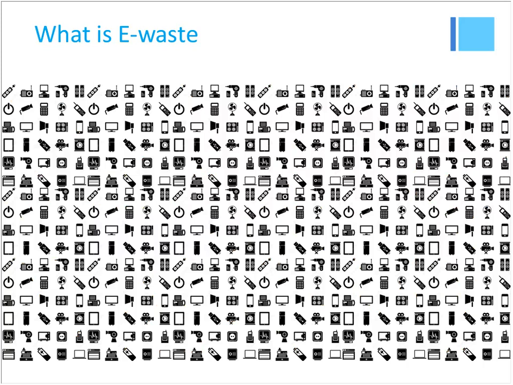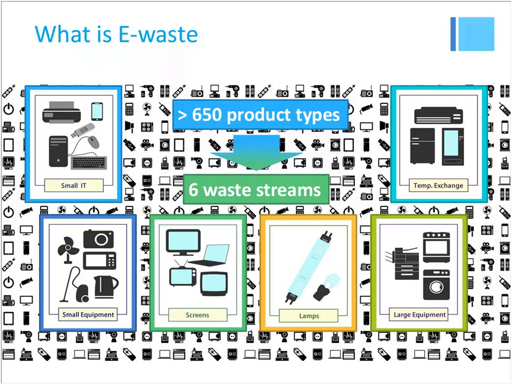If you look also at the STEP initiative website, there are some further documents explaining and giving you e-waste definitions. But also for the research, it's quite important that you classify. We are counting at the moment about 650 product types, and in Europe they're classified either in 10 or in 6 categories. And of course, it's very hard to bring this all together.